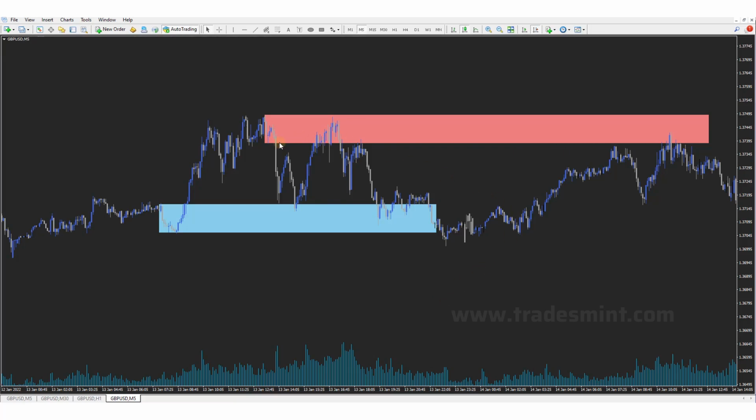I prefer to watch not the candles as a leg out, like on the 1 hour time frame, but the whole wave. If I see a big wave as here, which is breaking the structure, breaking all previous lows, for me this is the supply.